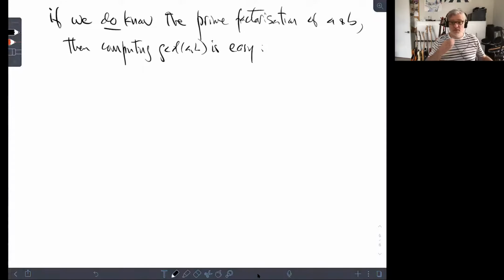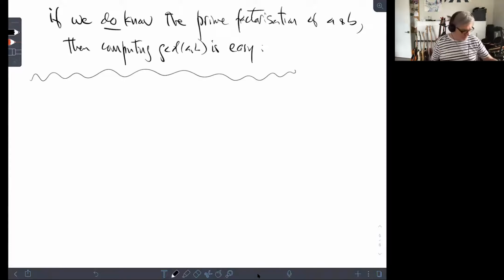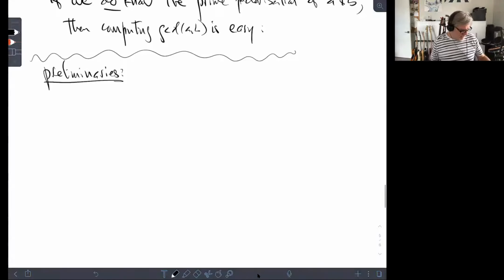So this is what I want to talk about now. Okay, so I want to do some preliminary work, some preliminaries before I tell you how to do this. Again, you may have done this before, but in any case, just to play around with these concepts, it's good to get our hands dirty.